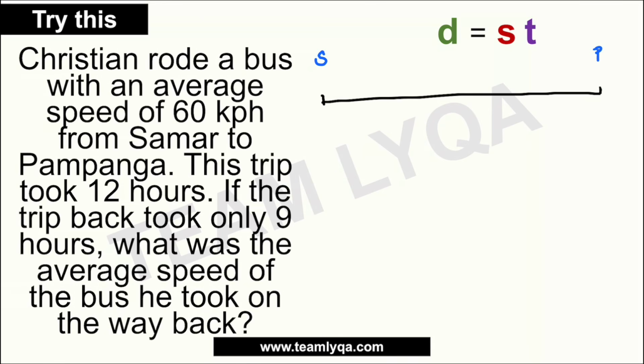So, papunta, on the way papunta sa Pampanga, ang kanyang speed ay 60 kilometers per hour. Tapos, ang sabi dito, this trip took 12 hours. Ibig sabihin, ang time ng kanyang biyahe ay 12 hours.